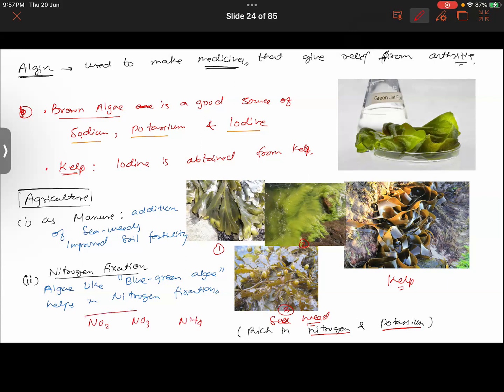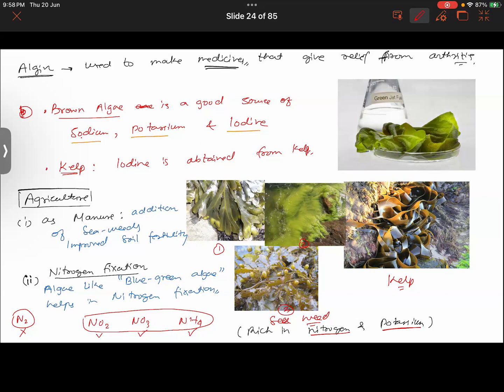So these are the forms in which plants can take up nitrogen. While in the air, it is in the form of N2. This is the state in which nitrogen gas is there in the atmosphere. But plants can't take it directly. They require it to be converted into soluble compounds like this. Do both of you know? So thereby there also it is important.